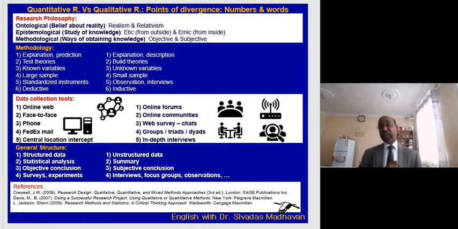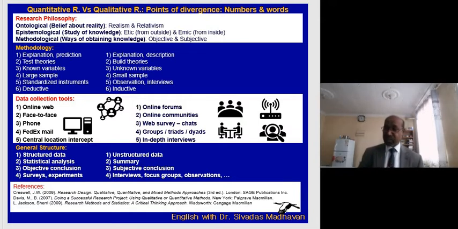In-depth interviews will give them the data for the research. And the last point is the general structure of the research. The general structure means that quantitative research uses structured data, while qualitative research uses unstructured data.